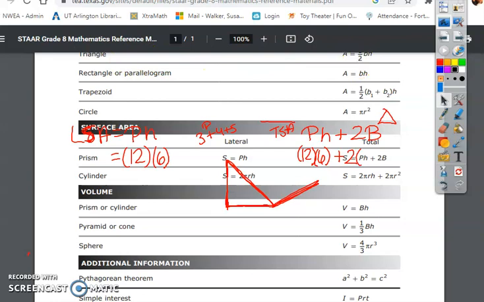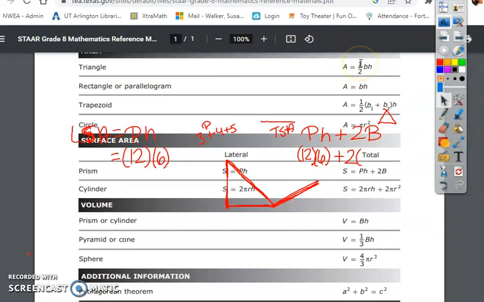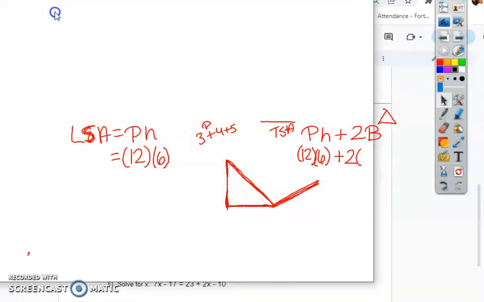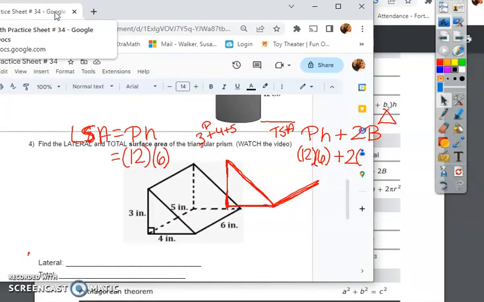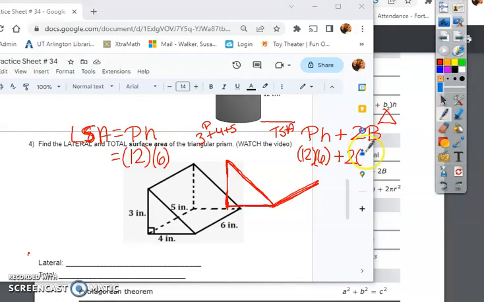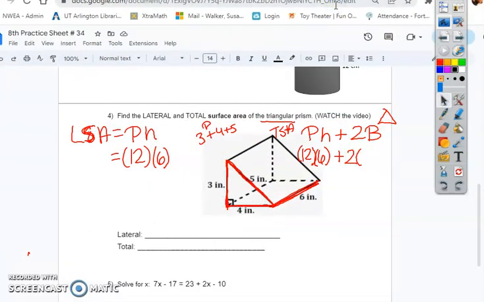Triangle: half BH. So that would mean half of 4 and 3 because that's the right angle.